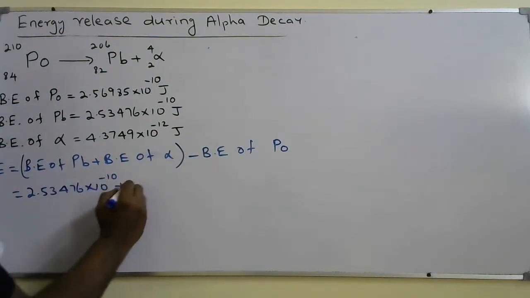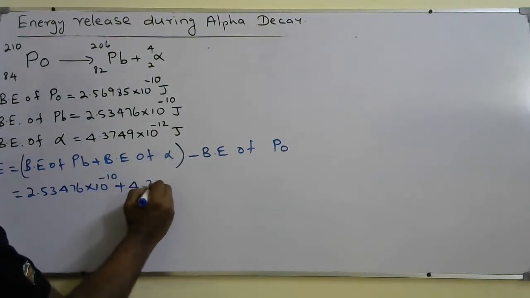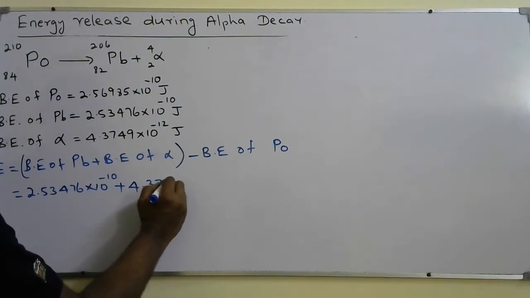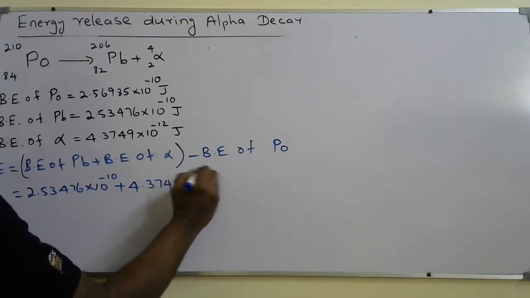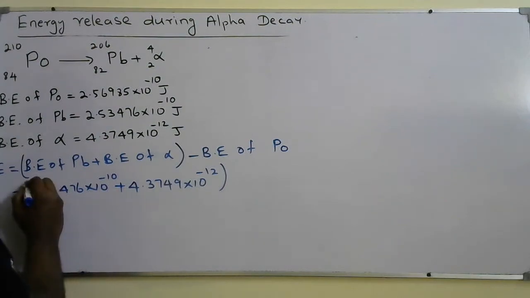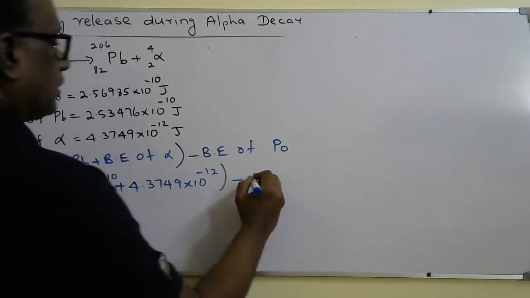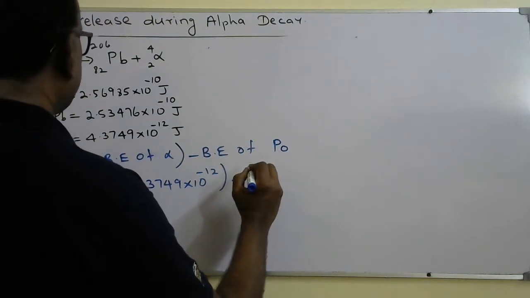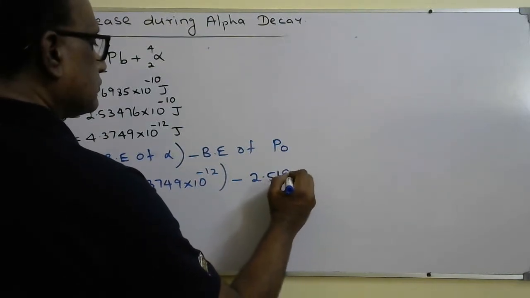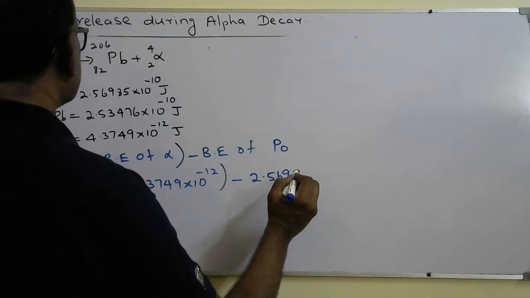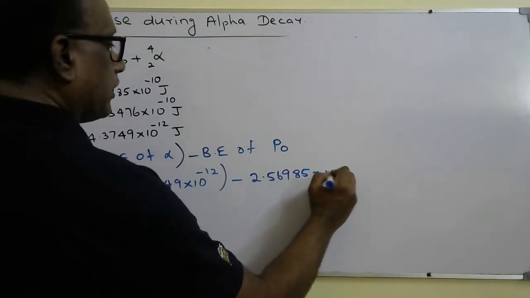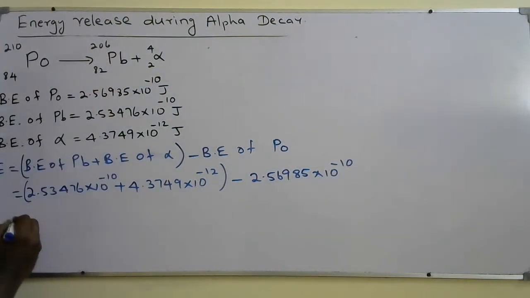Binding energy of alpha 4.3749 times 10 to the power minus 12, minus binding energy of polonium 2.5698 times 10 to the power minus 10. Solve it.